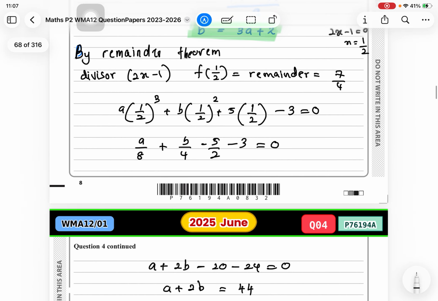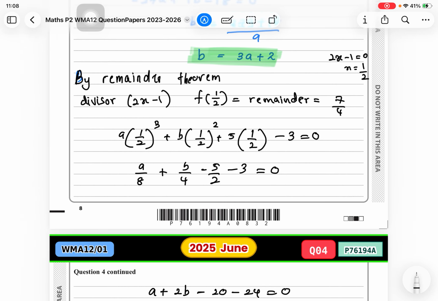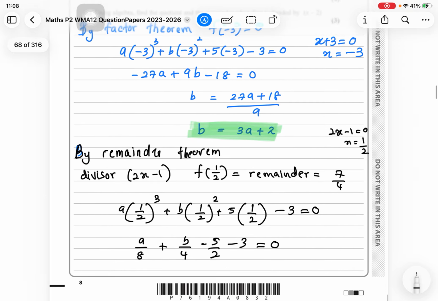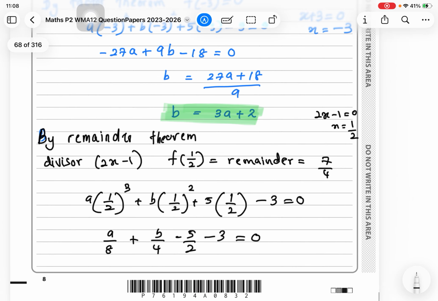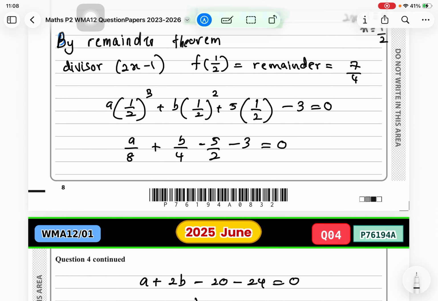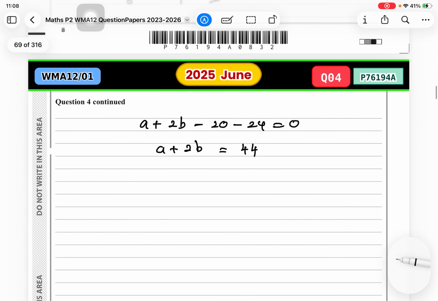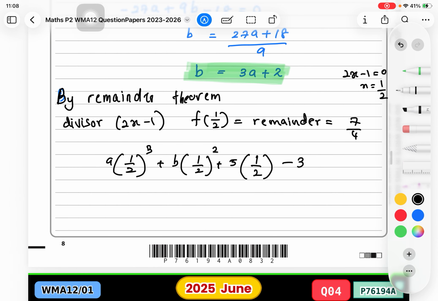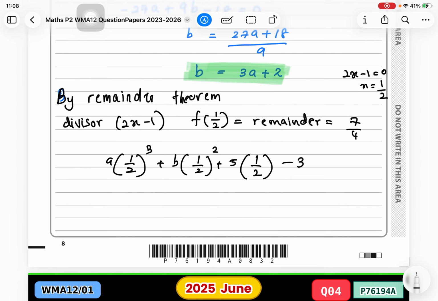I made a minor mistake. This will be equal to 7 divided by 4.